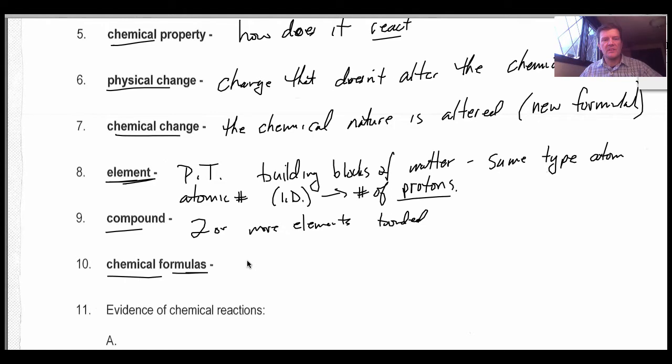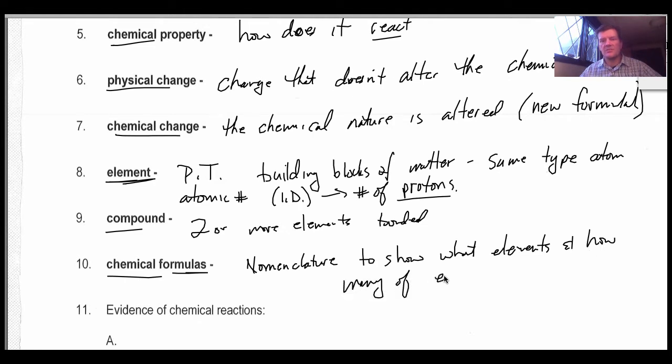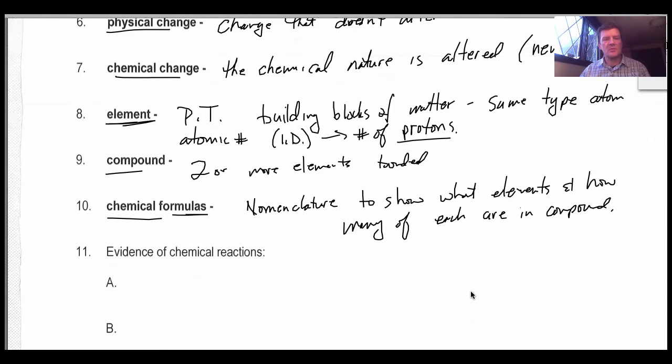So it is basically some nomenclature, to show what elements and how many of each are in the compound. Okay, so that's just a little review of some terms that we've been talking about up until this point.